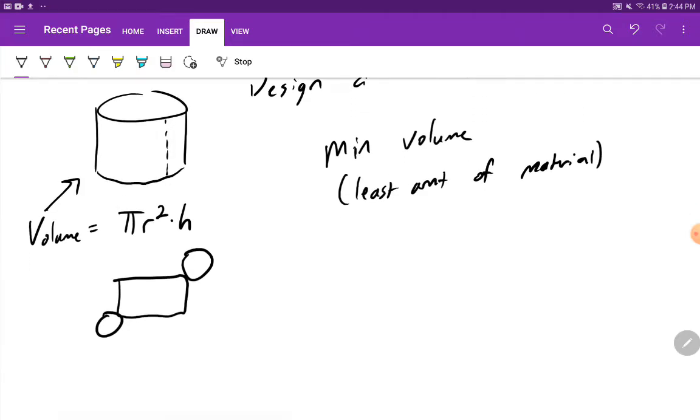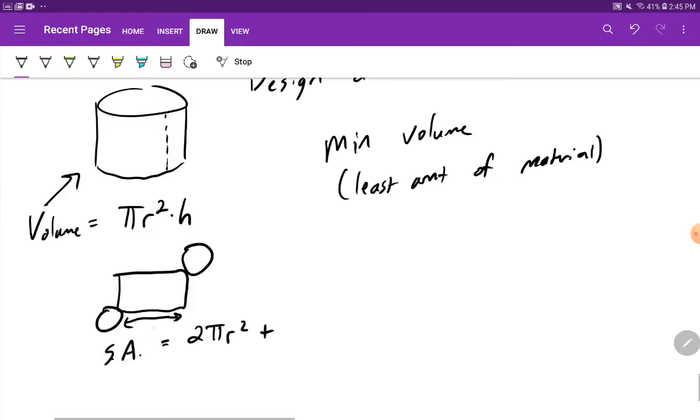So what we're talking about here in terms of the material is surface area, right? And the surface area of a right circular cylinder is going to be two circles, so it's 2 pi r squared, plus the area of the rectangle. Well, the area of the rectangle is going to be the circumference of the circle times the height, and circumference is 2 pi r. So there we have it.